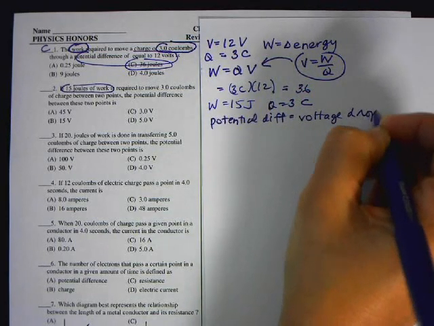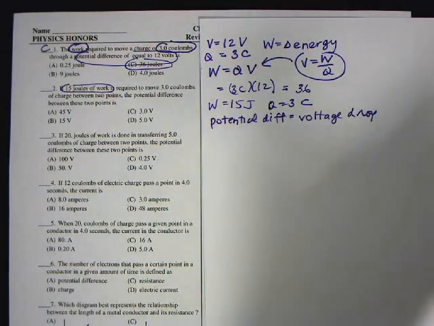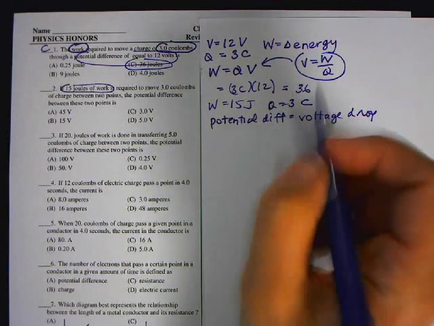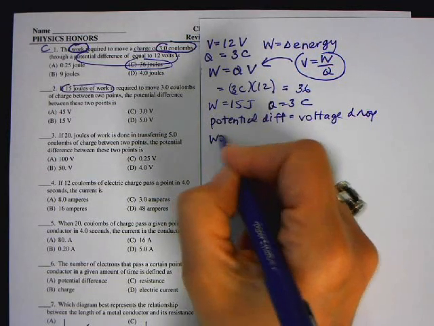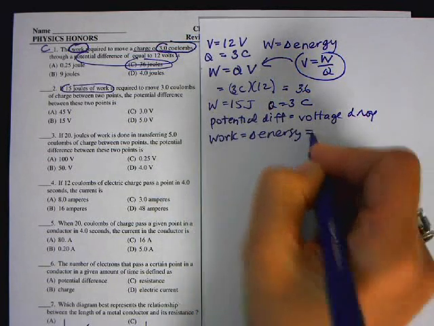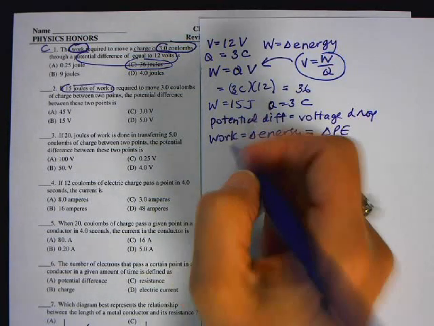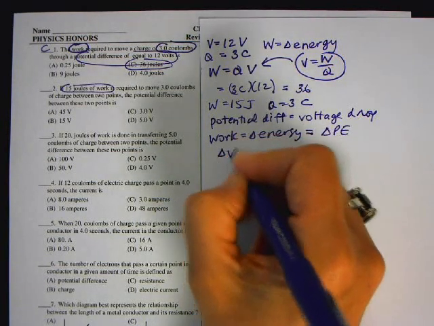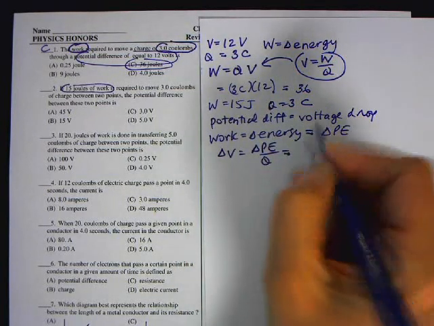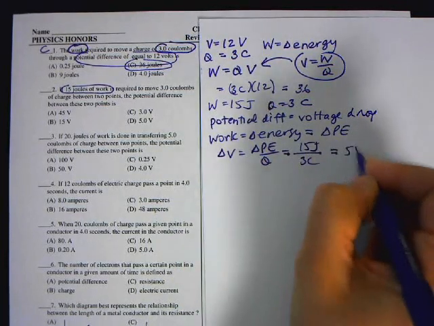And sometimes they'll say voltage, but the potential difference. So that's V, and the work is equal to the change in energy, which is, again, delta PE. So delta V is equal to delta PE over Q, which is 15 joules divided by 3 coulombs, which would be 5 volts.